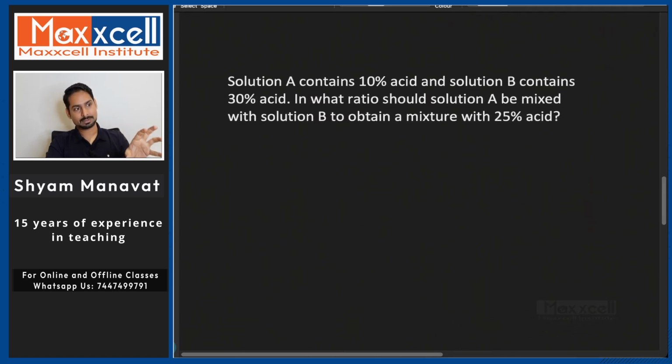Okay, let's take this question and try understanding the formula. What the formula says is, when you're mixing two things, it could be a solution, profit, simple interest, concentration, anything, you write the cheaper value or the superior value on the right hand side.